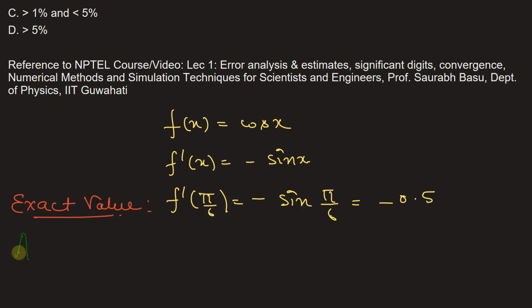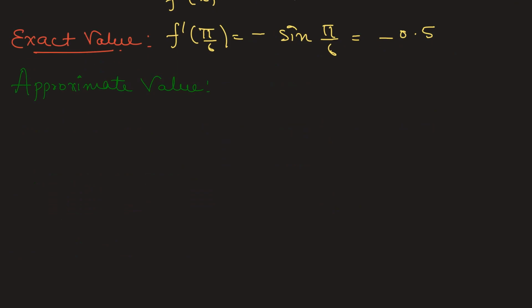Now we need to calculate the approximate value in order to calculate the percentage error. So the approximate value can be calculated using the formula given here, f dash of x is equal to f of x plus h minus f of x minus h whole divided by 2h, and the value of h given here is 0.1 radian.